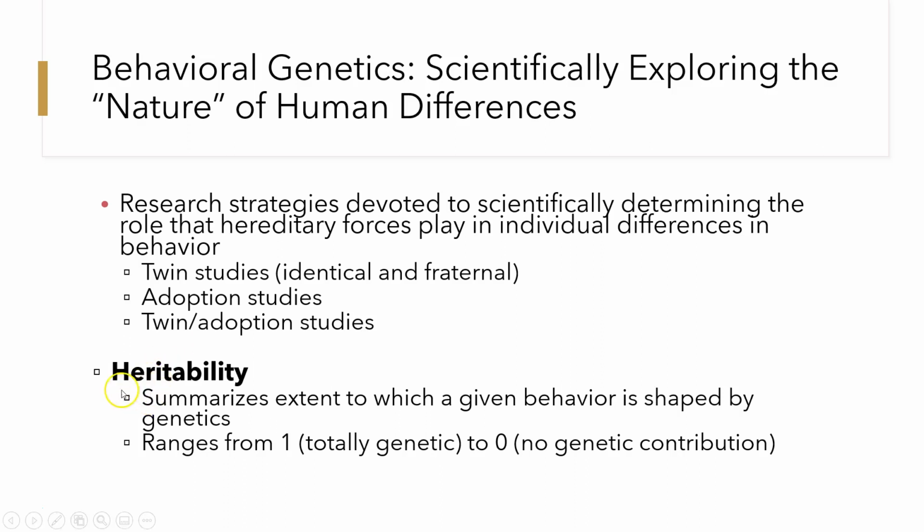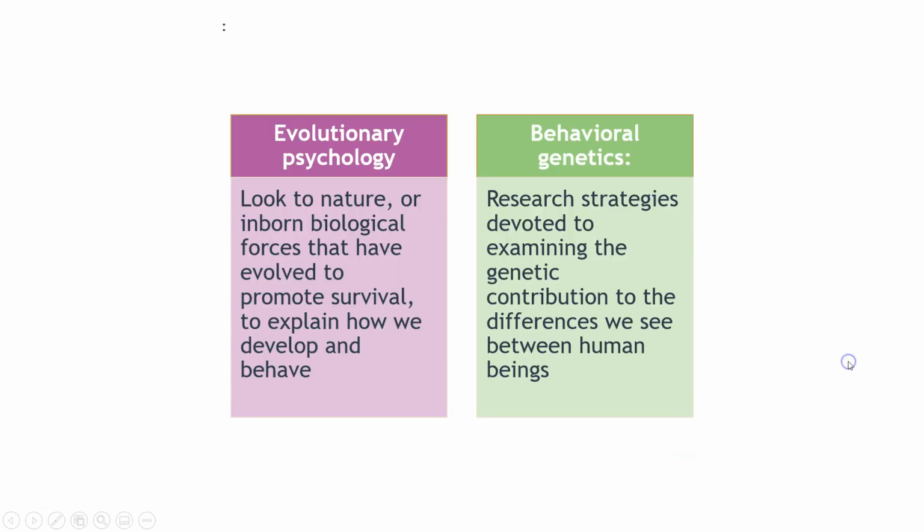And so behavioral geneticists then sum up heritability, which is the extent to which a given behavior is shaped by genetics, which ranges from 1, which is totally genetics, like maybe your eye color, to 0, having no genetic contribution at all.